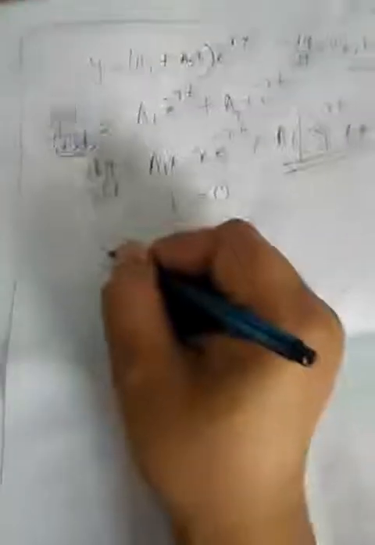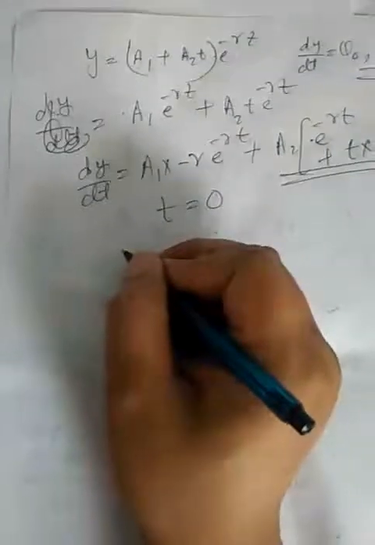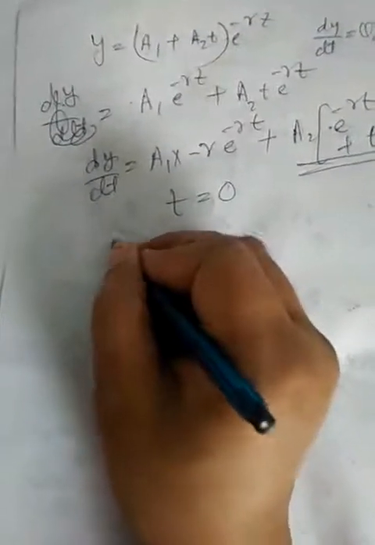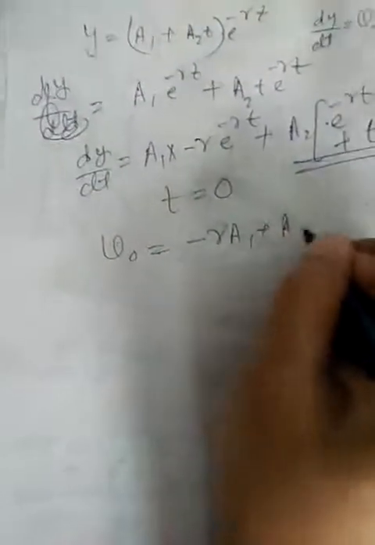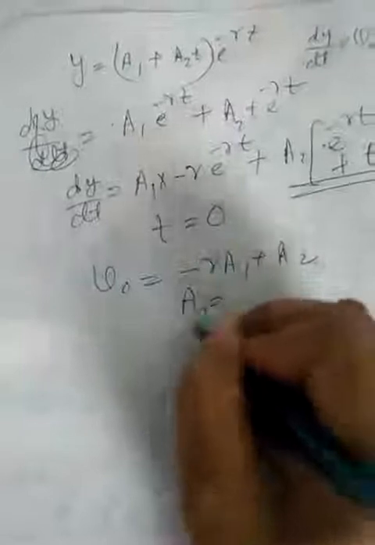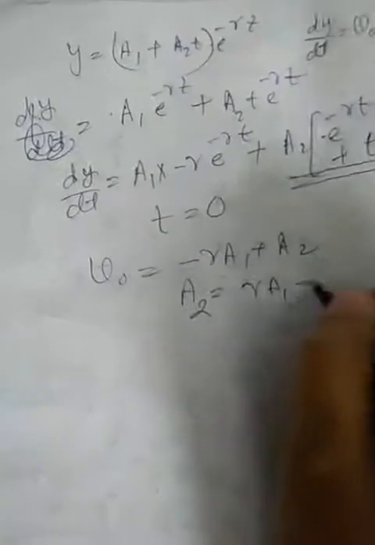Now when you put the value t is equal to 0, what do you get? v naught is equal to minus gamma a1 plus a2, or a2 is equal to gamma a1 plus v naught. So that is the value you are going to get.